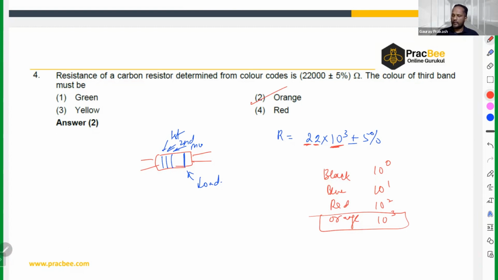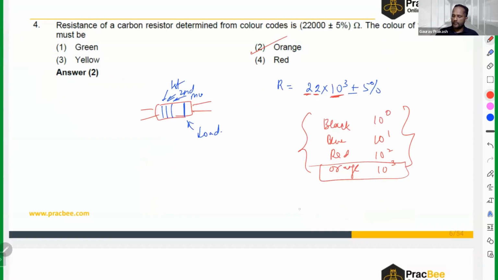The only thing here is that you should know the table, which has a very beautiful mnemonic, that is B.B. Roy of Great Britain has beautiful wife. Great Britain has beautiful wife. If you remember this mnemonic, you know all the colors and all the digits and the multiplier and the tolerance.